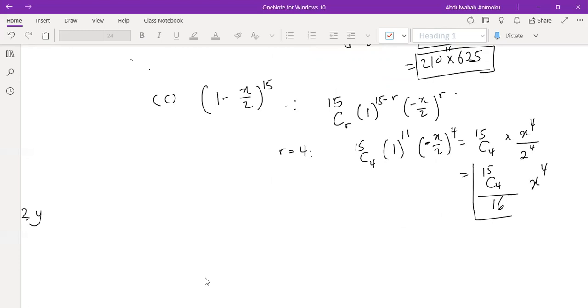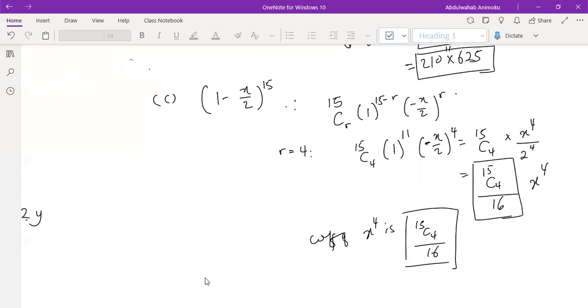So the coefficient of x raised to power 4 is 15 combination 4, whatever that is, over 16. You can use a calculator to give you the value of 15 combination 4, okay? Or you can do it this way. For 15 minus 4, which is 11 factorial times 4 factorial, all over 4 times 6, right?